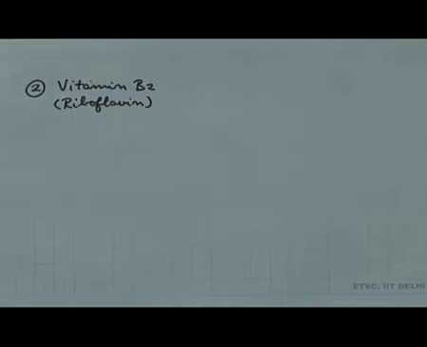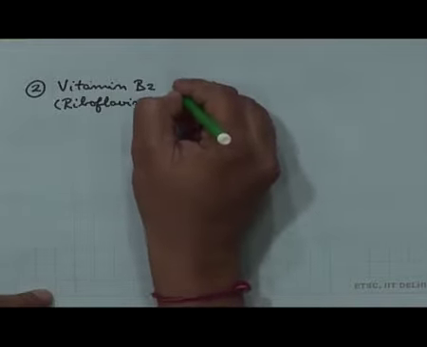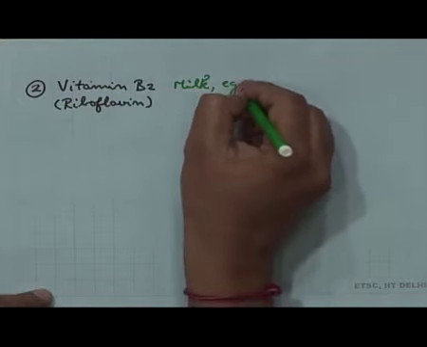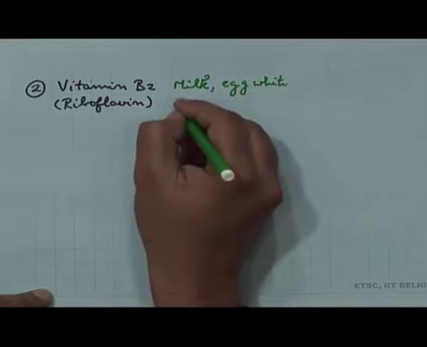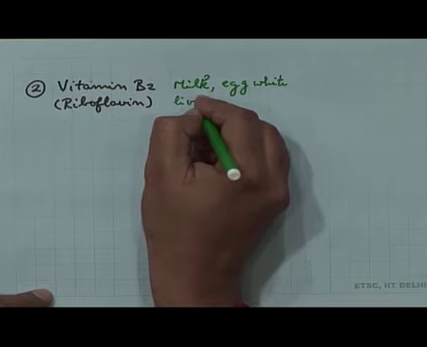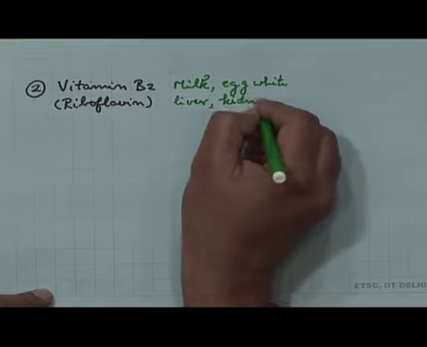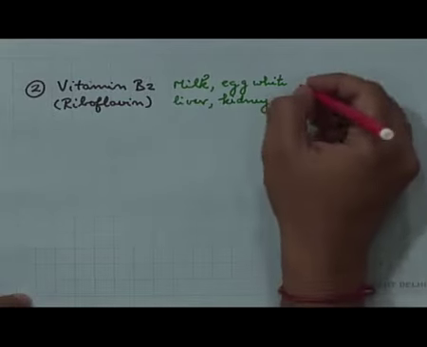Riboflavin, vitamin B2, can be obtained from milk, egg white, liver, and kidney. And its deficiency leads to cheilosis.